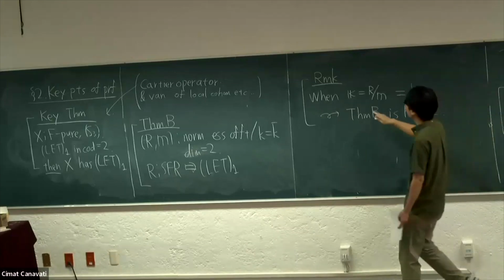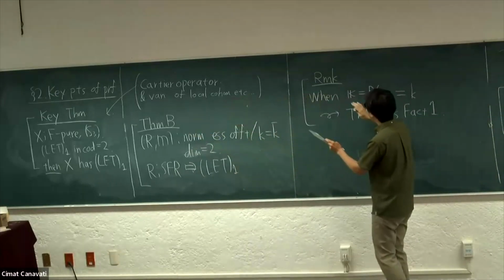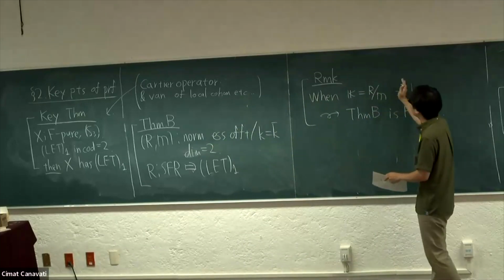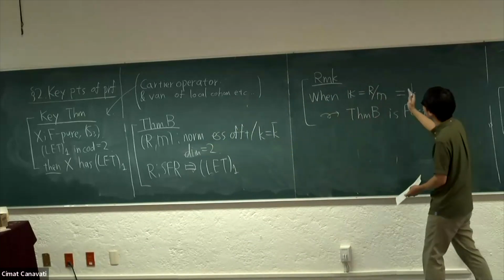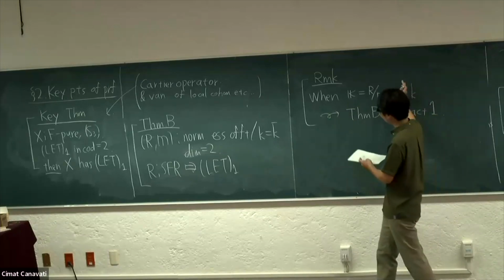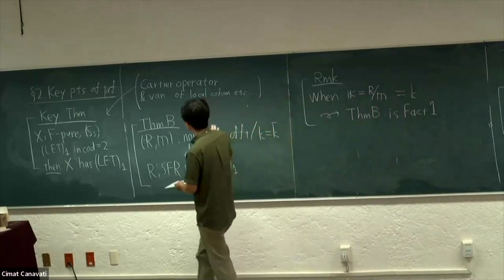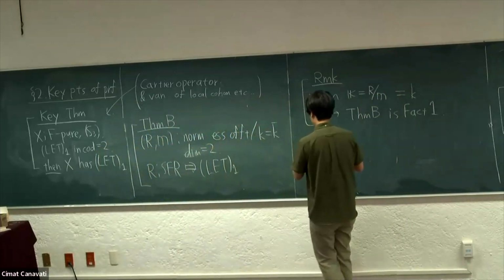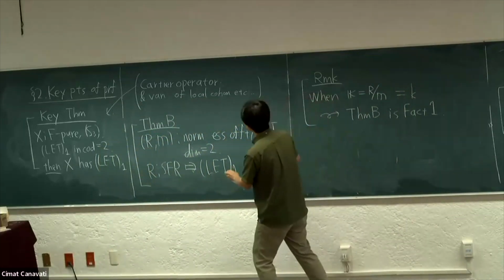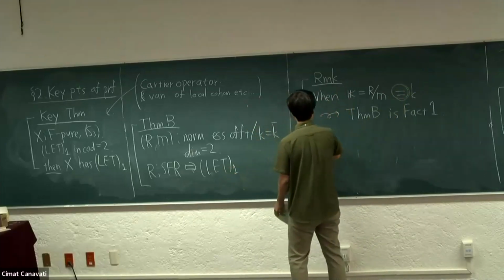But the only difference is that this is not equal in Theorem B. So it seems not so serious, but actually the proof is not so easy. So I explain why this assumption is very important.